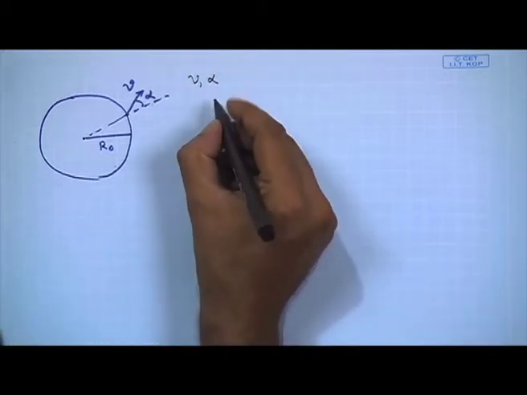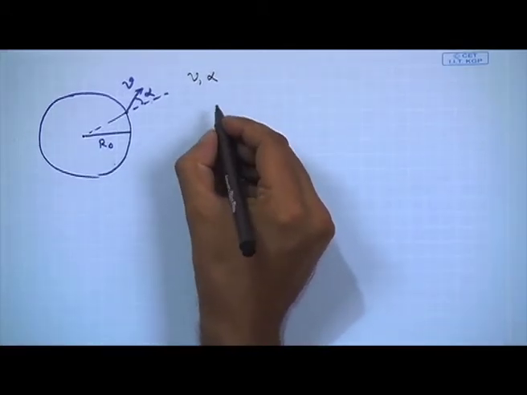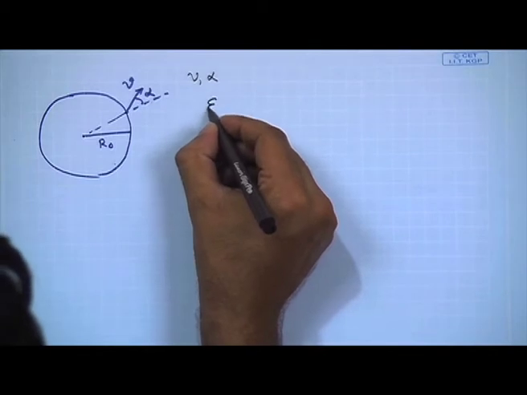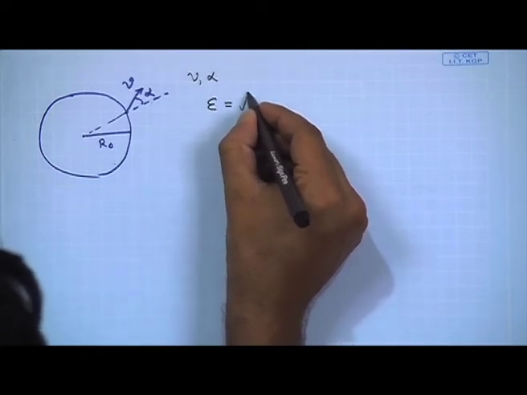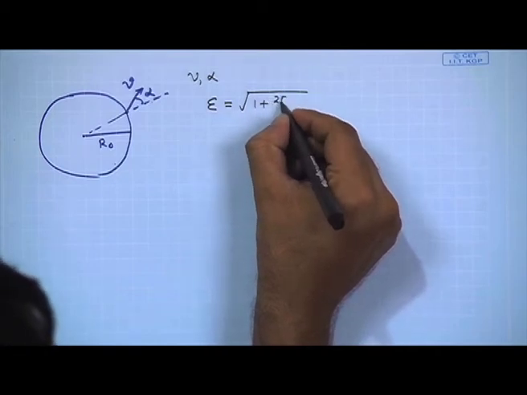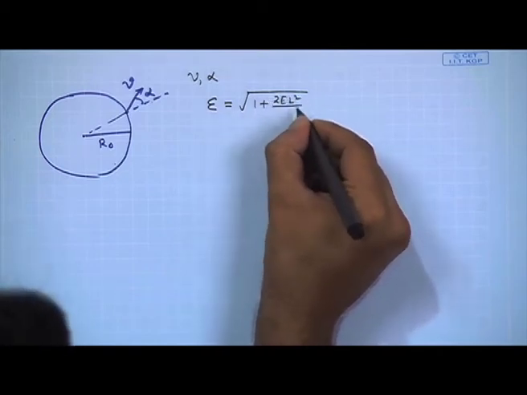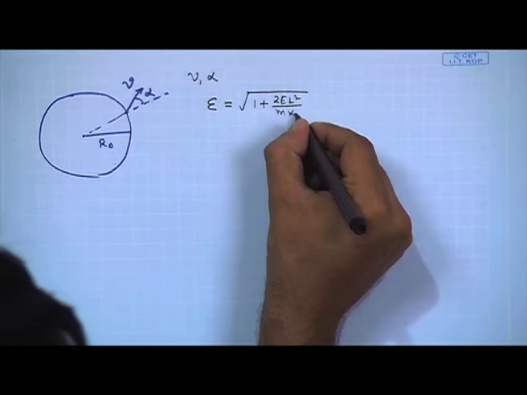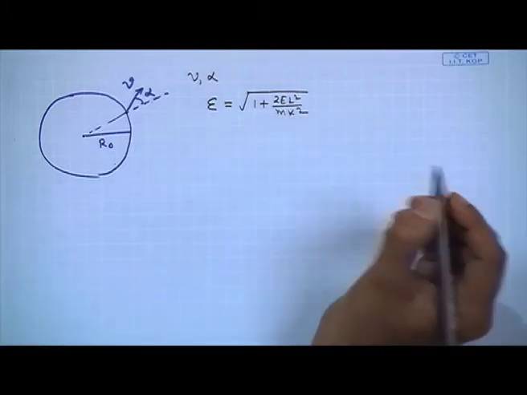Now, all this will be discussed in terms of this eccentricity expression, which is given by 1 plus 2 E L square by m k square, right.